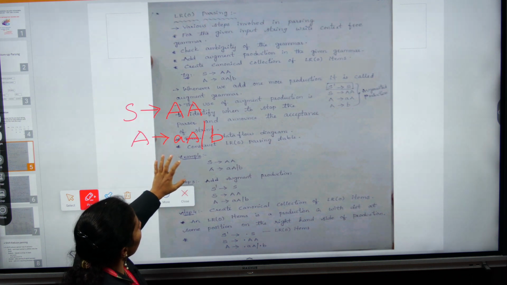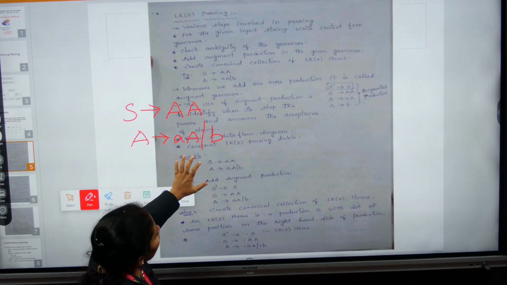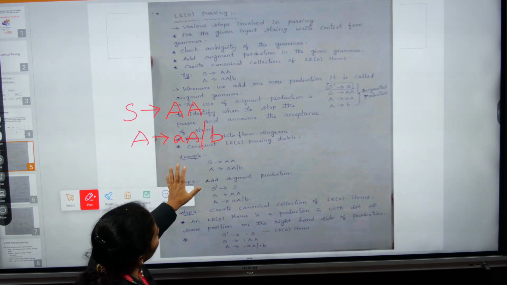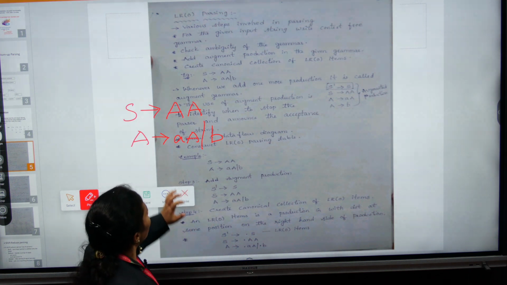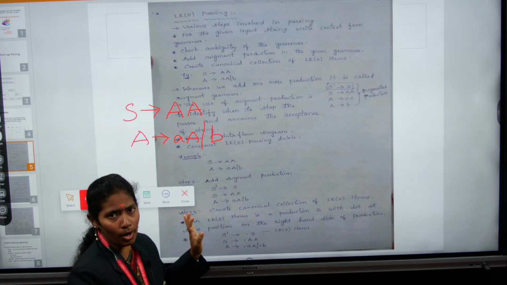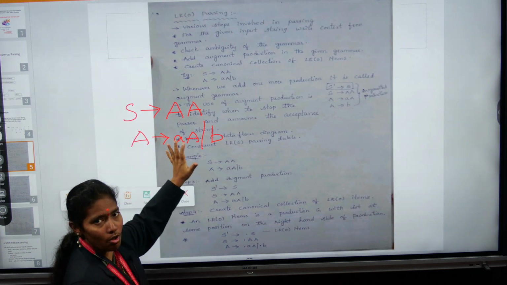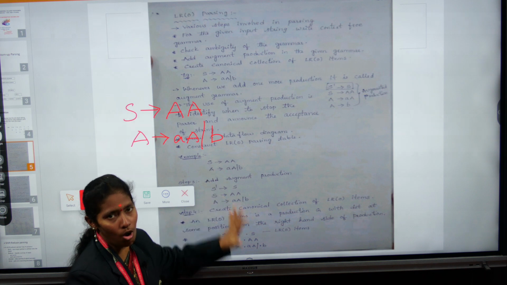So the first step according to LR0 parsing is that for the given input you need to write the context free grammar. A context free grammar is nothing but a grammar which consists of a set of terminals and non-terminals.